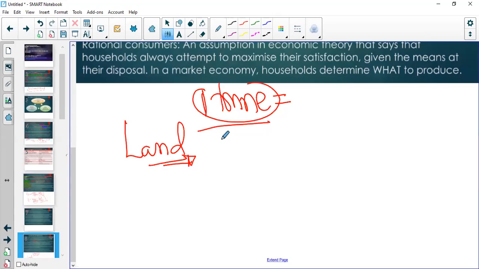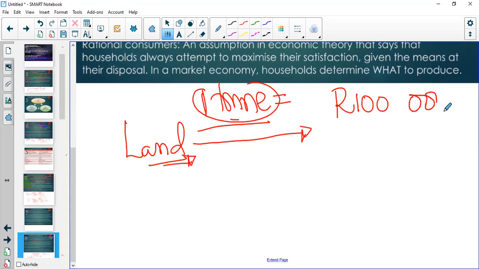So let's say the portion allocated to this 1 ton, let's say that the 1 ton is being sold for, let's just say 100,000 rand. Okay. If he's renting from somebody, then the total cost of 100,000 is made up, let's say, of the rent being 20,000. Right.